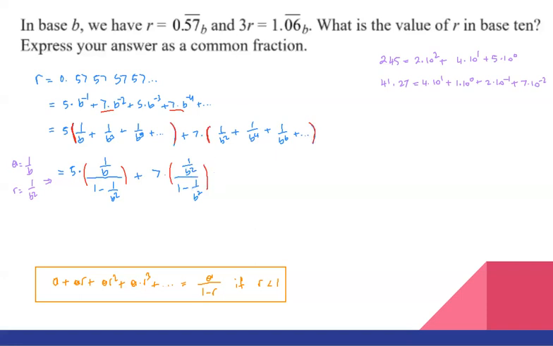So what we want to do now is simplify these two expressions. This is b squared over b squared, so the denominator is b squared minus 1 over b squared.